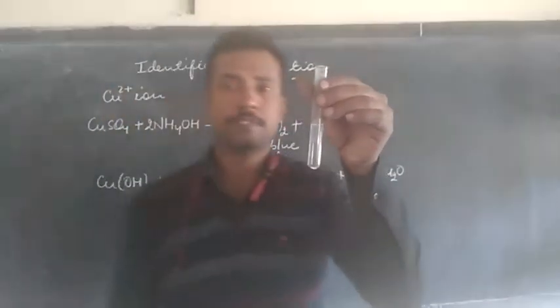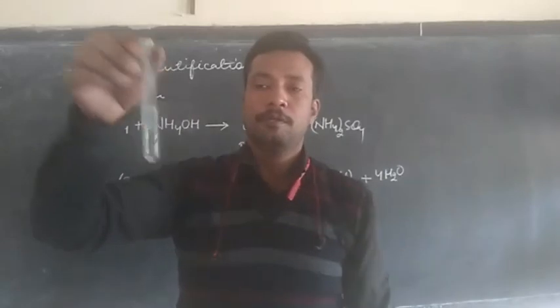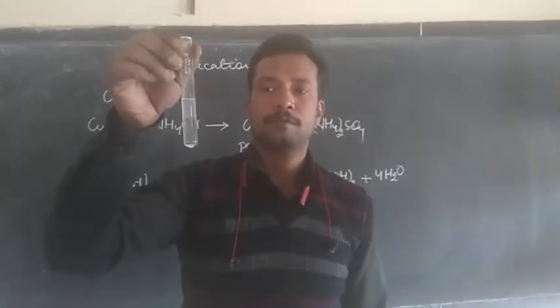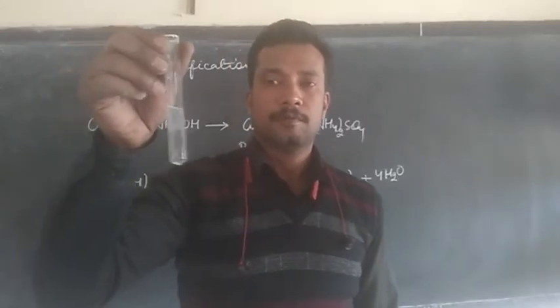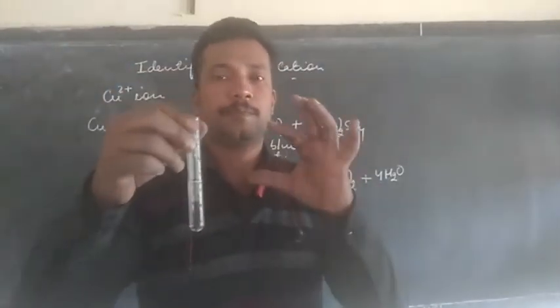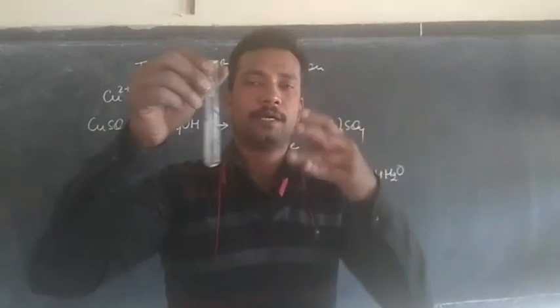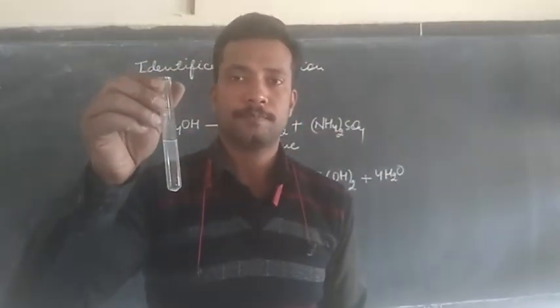So no visible precipitate has been formed with the calcium salt. This confirms it, whereas the precipitate will be white in color when we add sodium hydroxide to this.